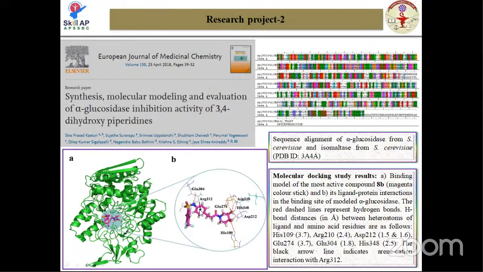Here you can see a picture representing the homology model of the alpha glucosidase enzyme, and this is the molecular interaction diagram for the lead compound which we are going to discuss. This lead compound has shown very good hydrogen bond interactions as well as pi cation interaction with arginine 312.